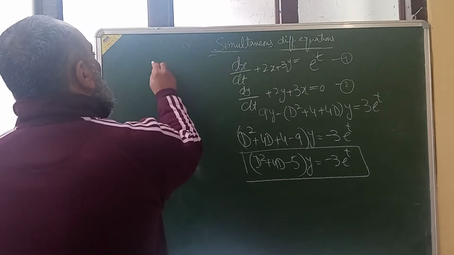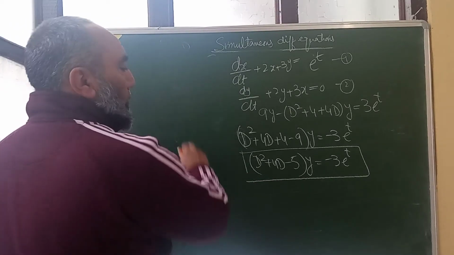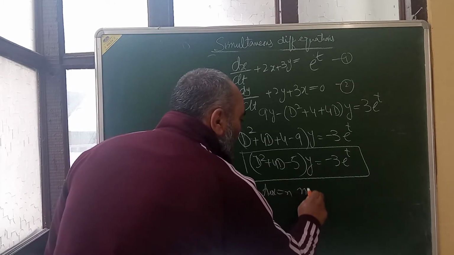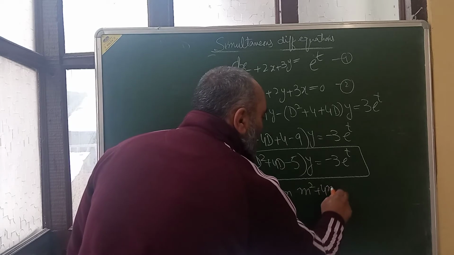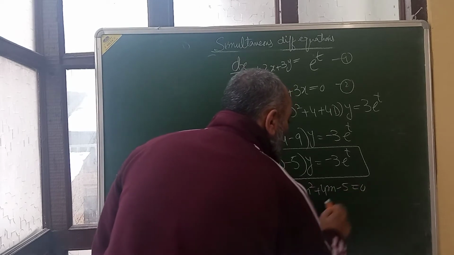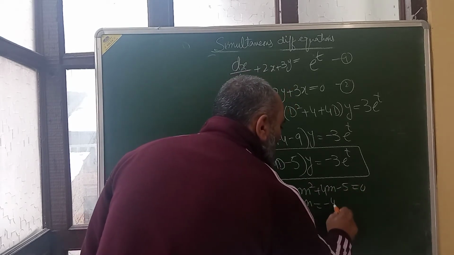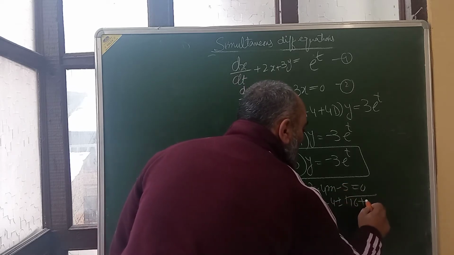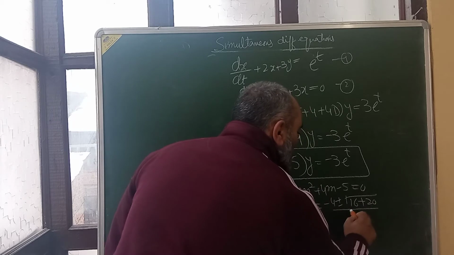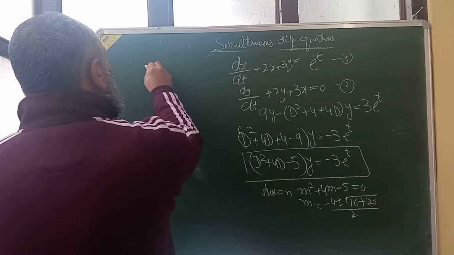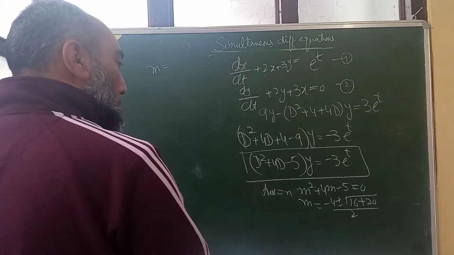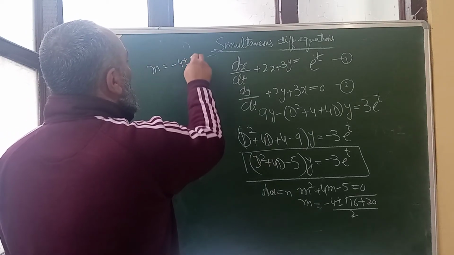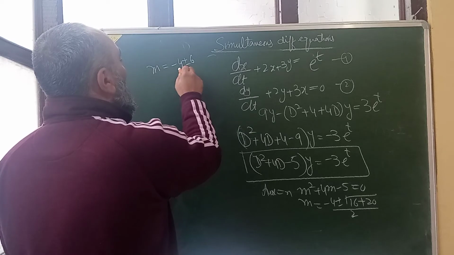So the auxiliary equation is m square plus 4m minus 5 equals 0. So m is minus 4 plus minus square root of 16 plus 20, by 2. So your m is minus 4 plus minus 6, by 2.